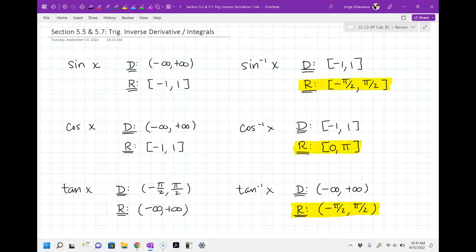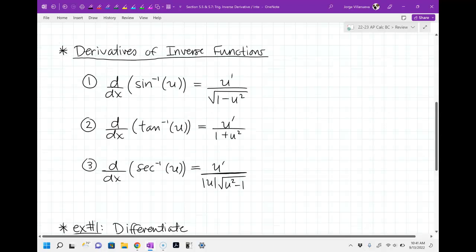Make sure that they land within that range. If they don't, you're going to get the answer wrong. So your angles for sine should be within negative 90 degrees to positive 90 degrees. For cosine, between 0 and 180. Tangent between negative 90 and 90, not including negative 90 or 90.